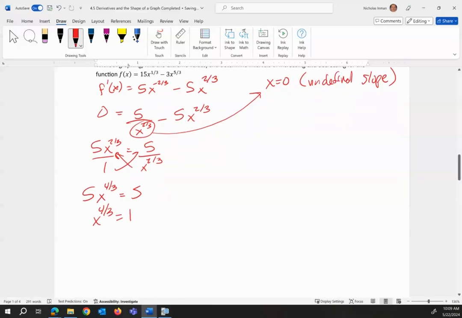All right, so to solve this thing, to get rid of this 4/3 power, we can move it to the other side. We can raise each thing to the 3/4 power. The 4/3 times the 3/4, you do power times a power, you multiply, would be 1. And then 1 to the 3/4 is still 1.